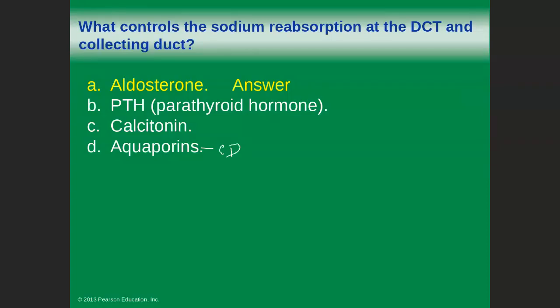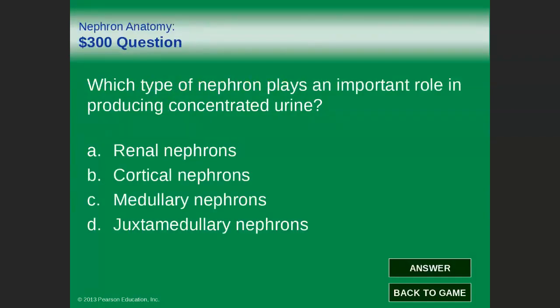Of course, calcitonin basically lowers your calcium. Parathyroid hormone raises your calcium. Doesn't really have anything to do with sodium, though. What type of nephron plays an important role in producing concentrated urine?